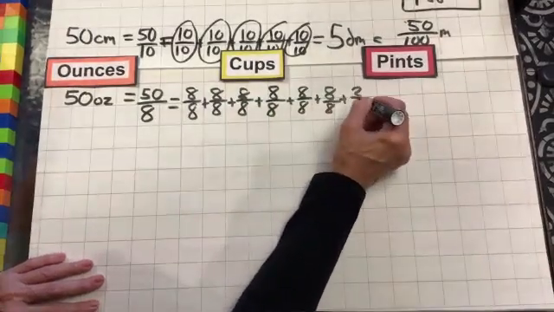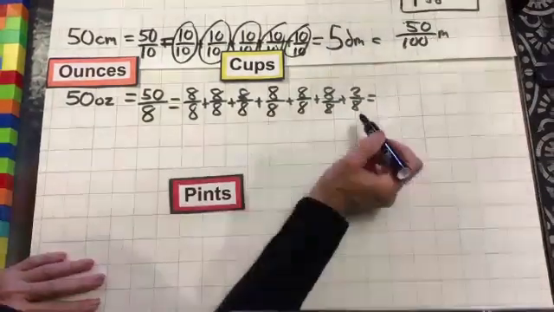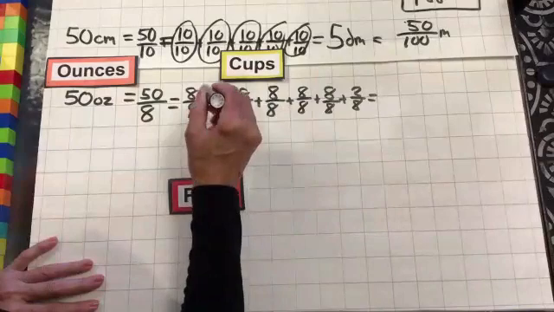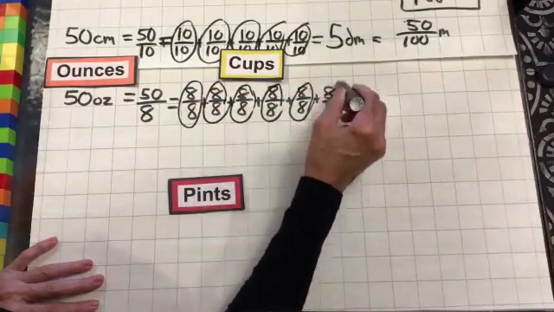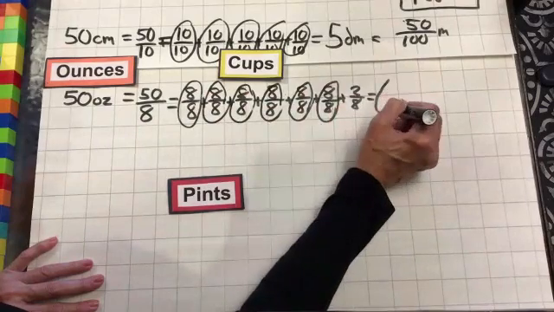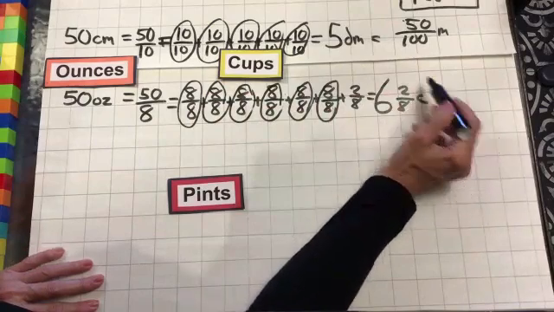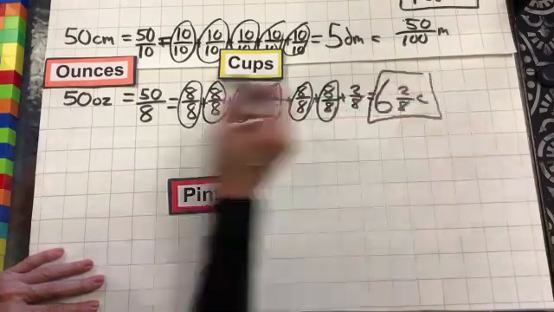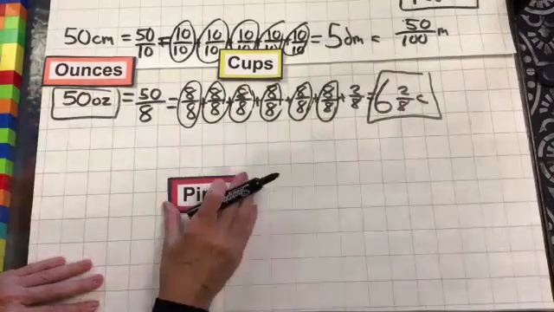And then we have 2 more. Let's get rid of this. We're going to put the pints down here because this is getting long. So we have 1, 2, 3, 4, 5, 6 whole cups and 2 8s. So that's what we have here. 50 ounces equals 6 2/8 of a cup.